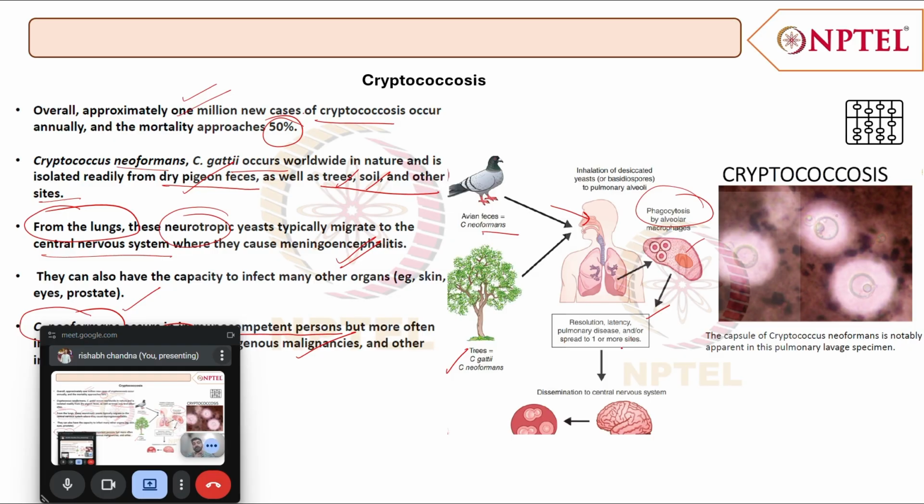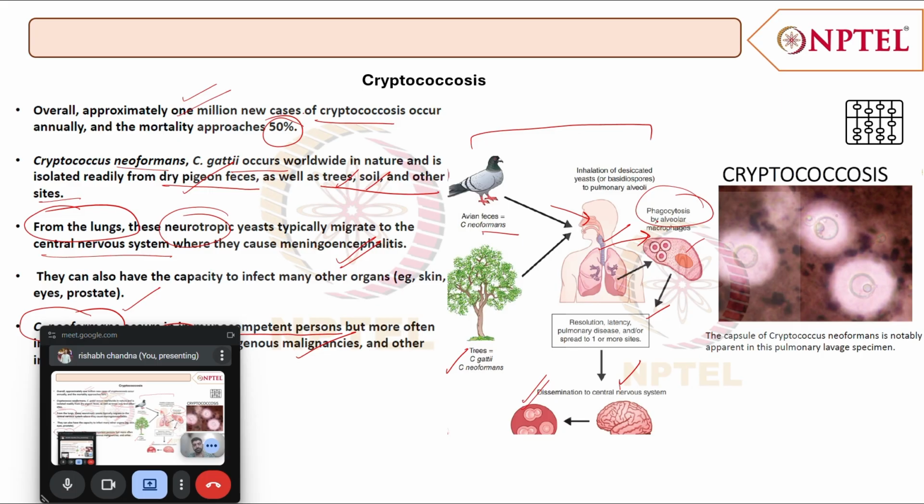Now they'll reach the CNS. Okay, now there they'll grow. So this is how they infect and grow inside the human body. First they reach the alveoli, and the macrophages phagocytose them.